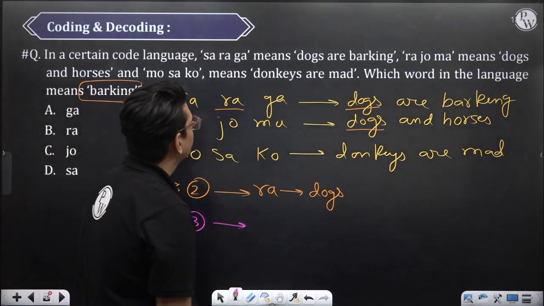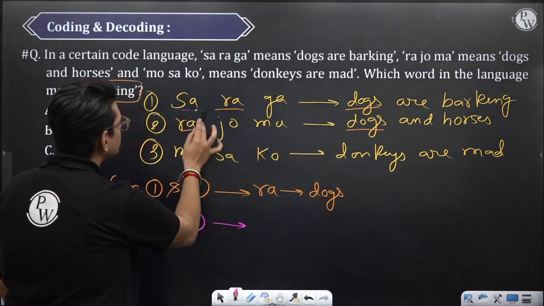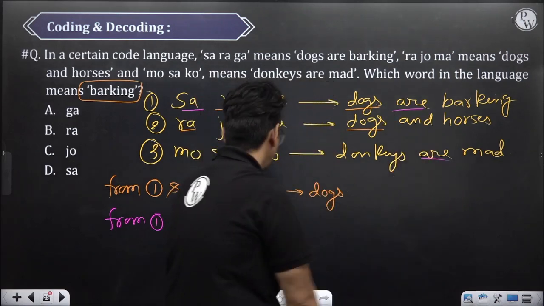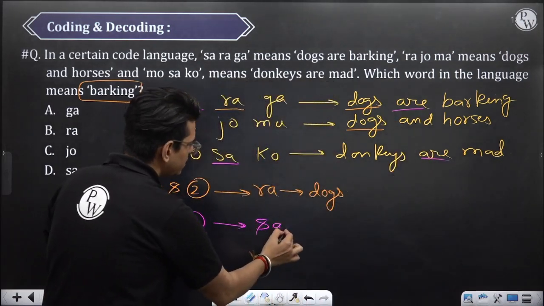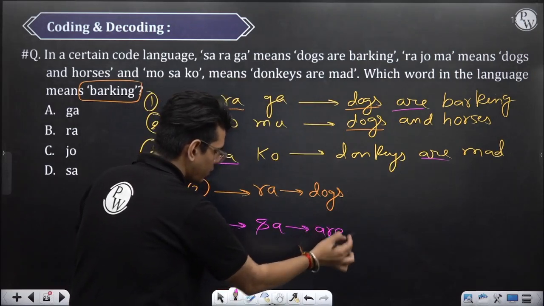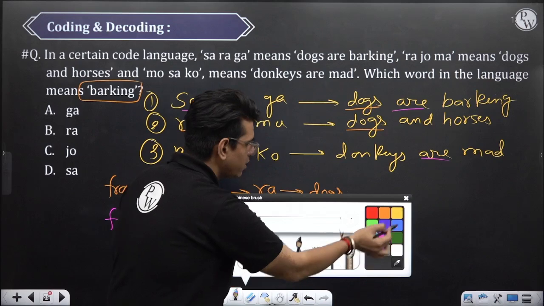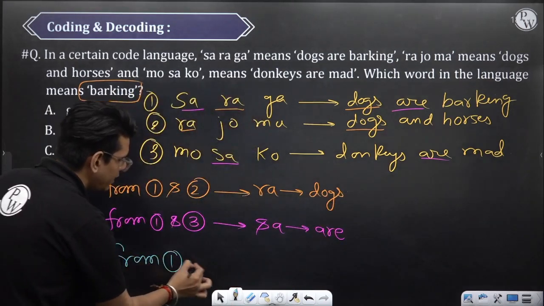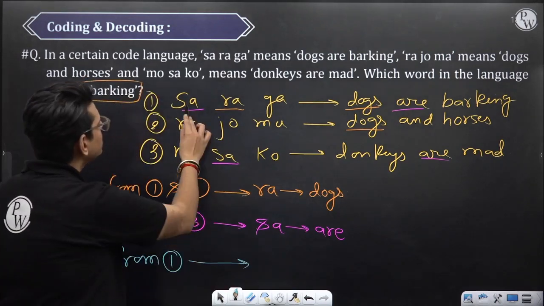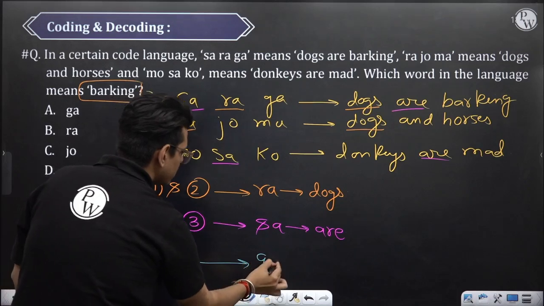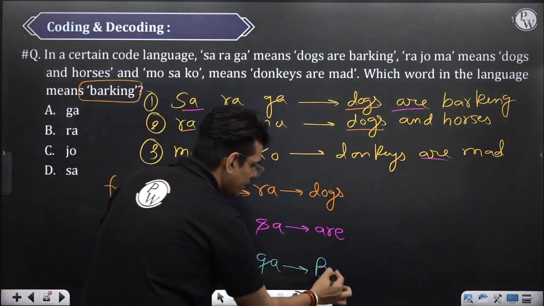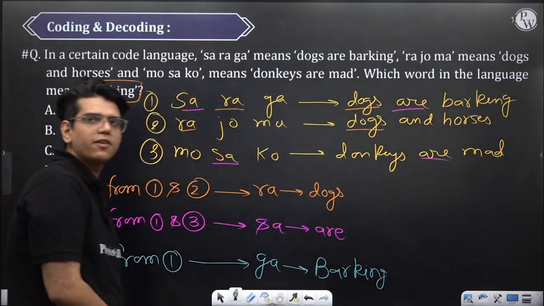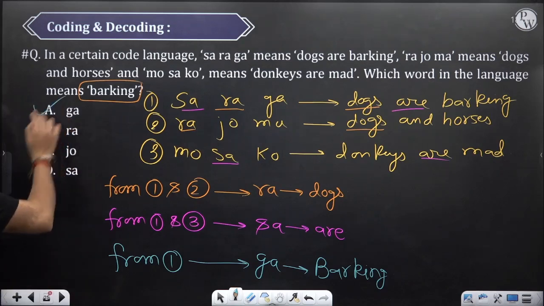From 1 and 3, from 1 I have sa and sa common, and here I am having are and are common. So this means sa is my are. Now from 1 only, I am left with what? Sa is done, ra is done. So ga is my barking. Is it clear? This is how you solve questions from deciphering messages. So the answer is ga.